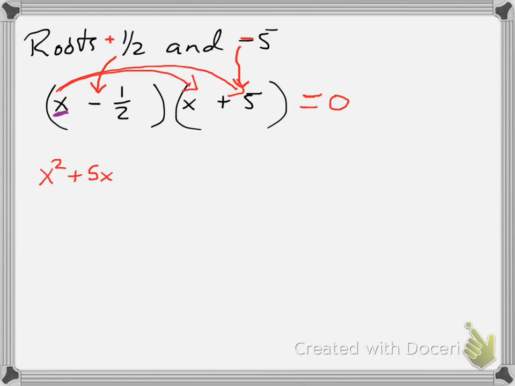And then we're going to distribute the -1/2. -1/2 times x is -1/2x. -1/2 times 5 is -2.5. Or I work in improper fractions, so it's -5/2.